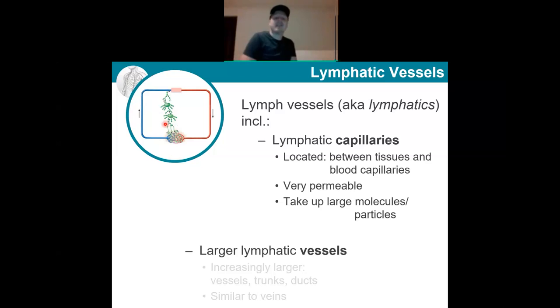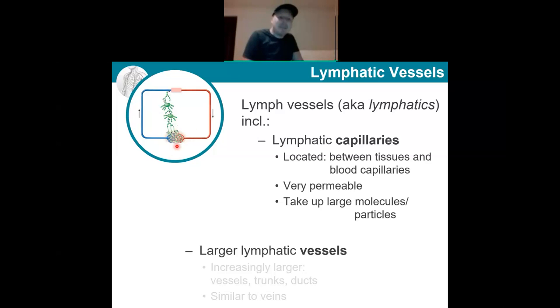The other thing that these capillaries take up is something we haven't yet talked about. When we talk about the digestive system, we notice that there's a lot of blood circulation in your abdominal area, because we try to catch all the nutrients, all the energy from your food, into the blood there. And then that blood travels elsewhere in the body.